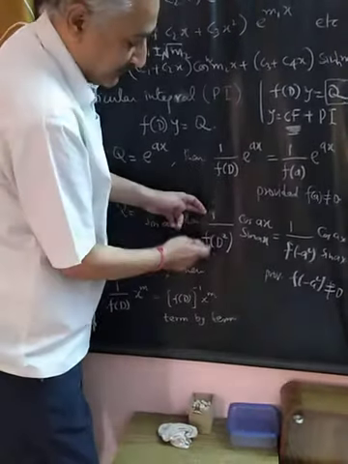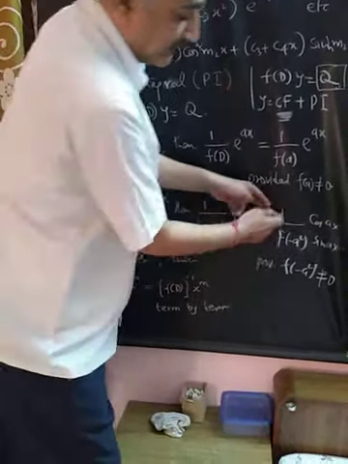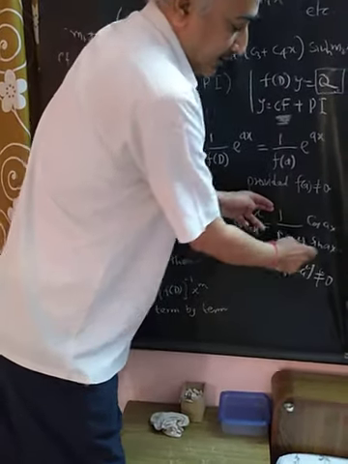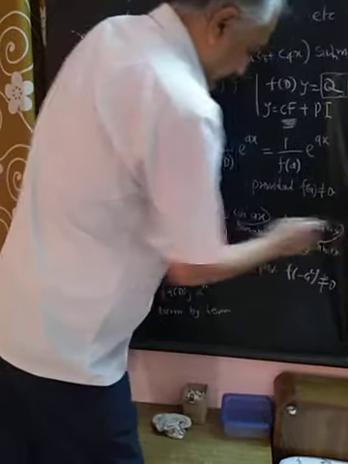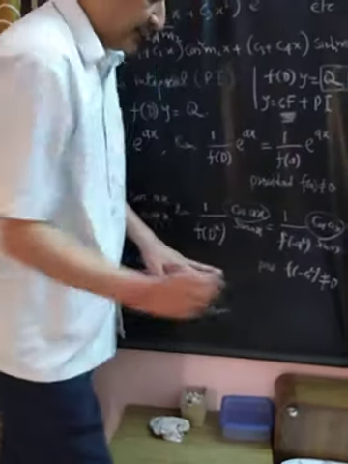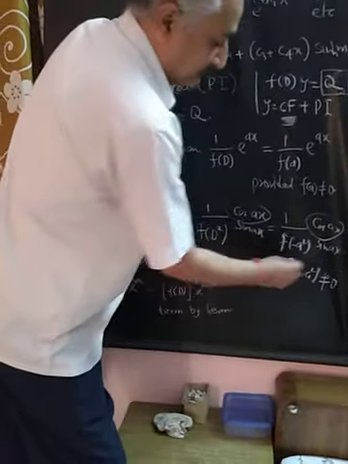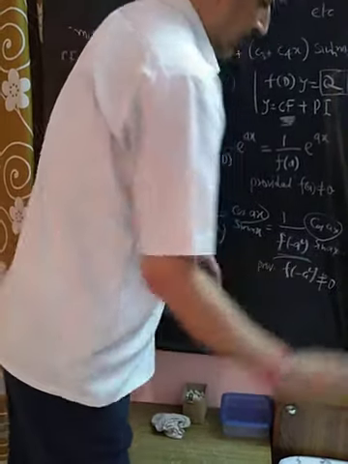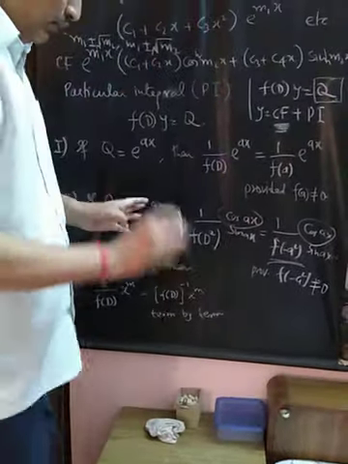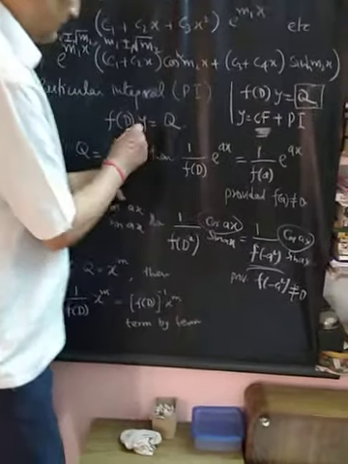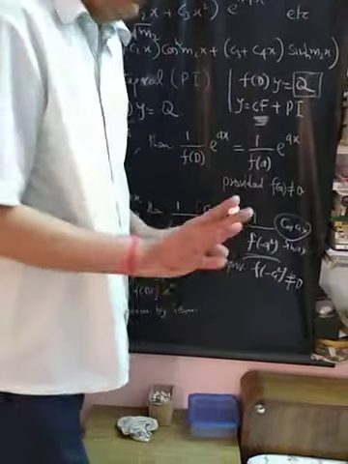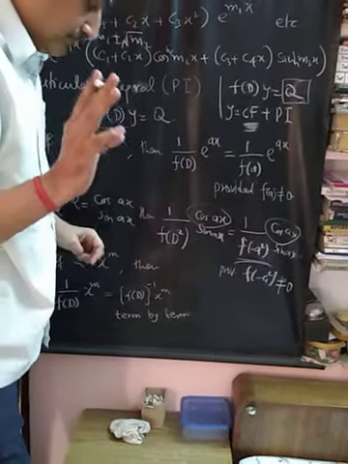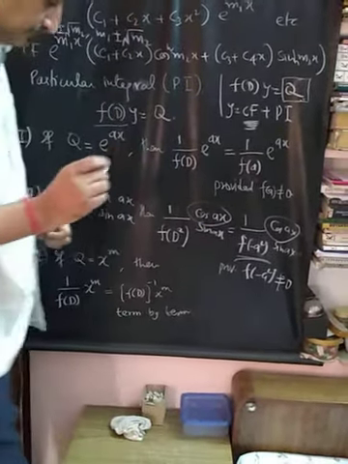If it is 1 upon f(D squared) sin ax, then this is 1 upon f(minus a squared) sin ax. So cos corresponds to cos and sin ax corresponds to sin ax. Again we apply this when f(minus a squared) is non-zero. How to write a given equation in terms of D squared, we will learn in the examples which we will do.